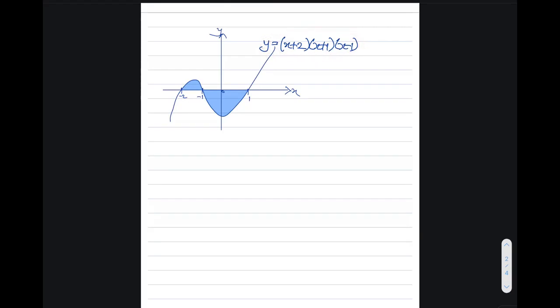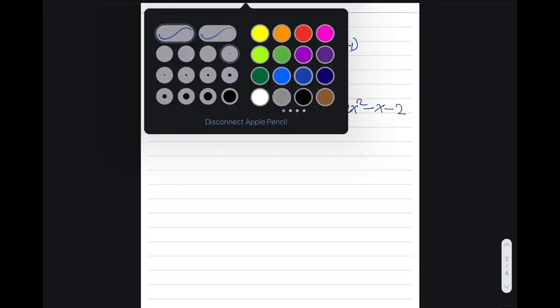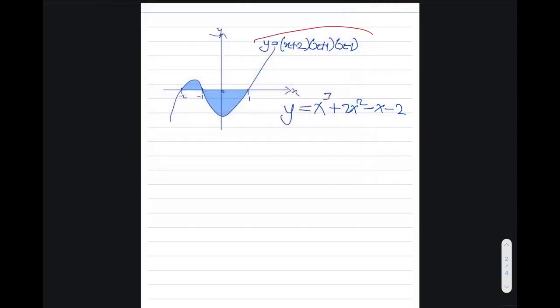When we expand and simplify, we are looking at y is equal to x cubed plus 2x squared minus x minus 2.